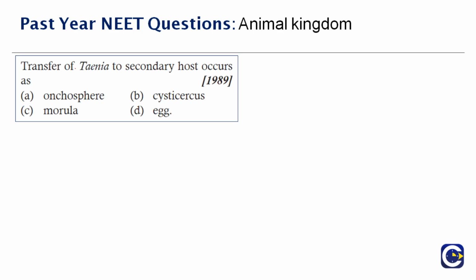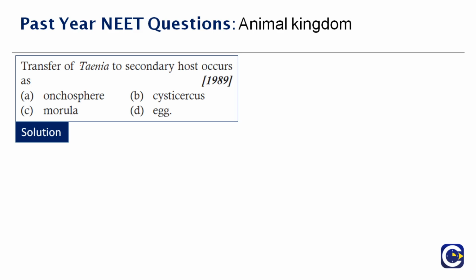Okay, next question here. Transfer of Taenia to the secondary host occurs as dash. Once again, this is a very easy answer for you because we just now discussed it. So the infestation should happen in the form of contaminated food or water. When it enters the intermediate or the secondary host, it has to be ingested by the host, and once it is ingested, the eggs will hatch and start to multiply, and it will start burrowing the intestine of the host and thereby gain access to the rest of the organs and tissues of the host.